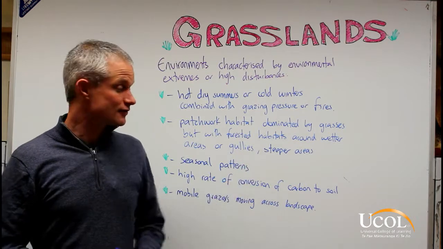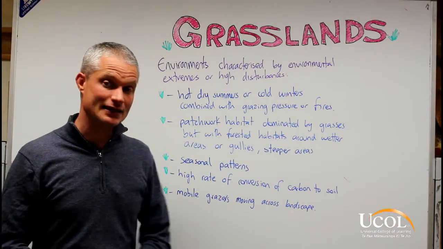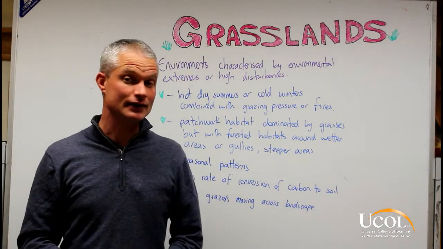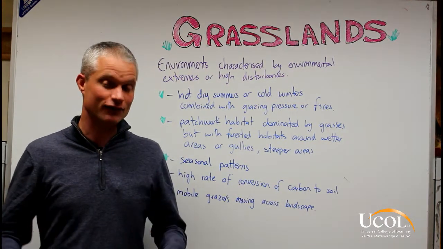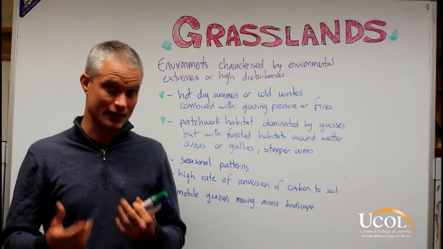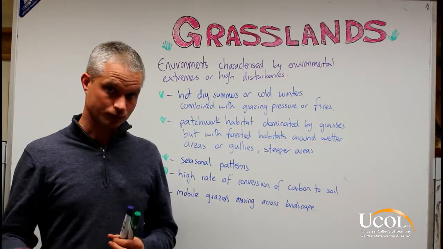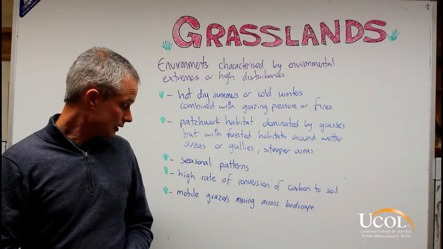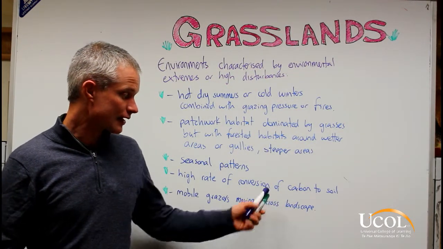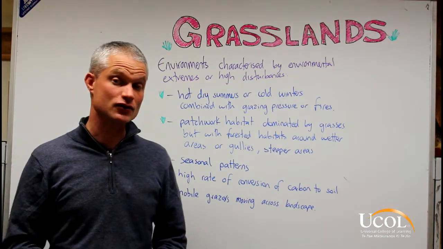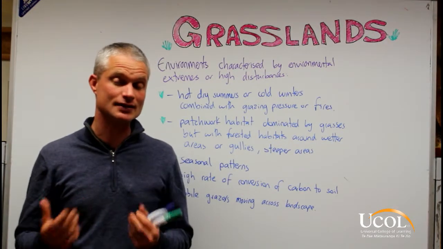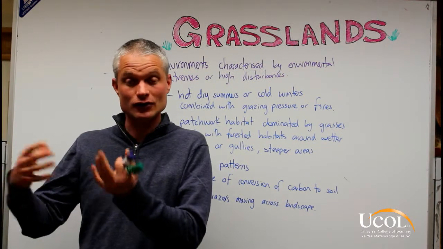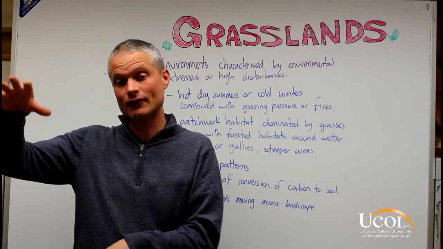So some of the other characteristics of a grassland are the seasonal patterns. So generally a drought in the summer that stresses the plants and favours the more fire adapted grasses that are able to regrow after being burnt more easily than other plants. The other characteristic is a high rate of carbon to the soil. So in a forest system, most of the carbon in that system is actually in that forest, so in the trees and other plants that live above ground.